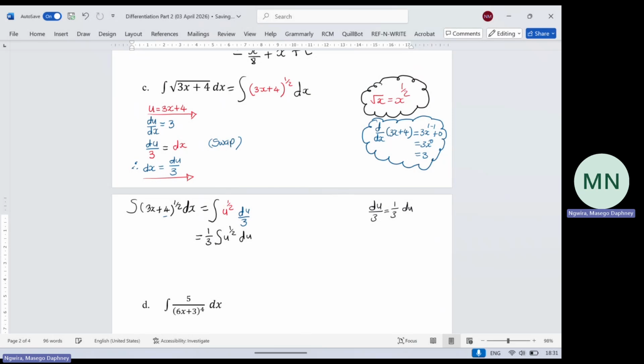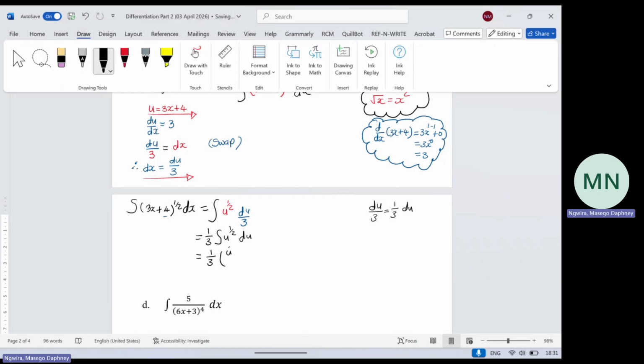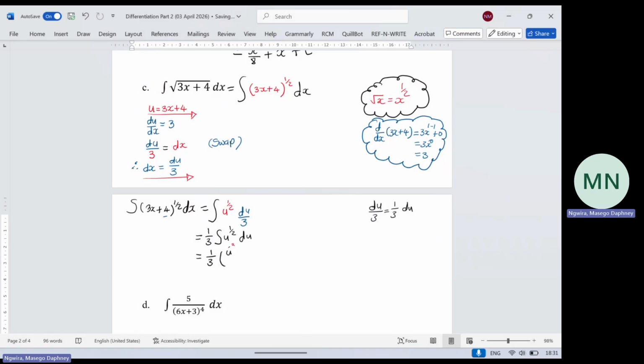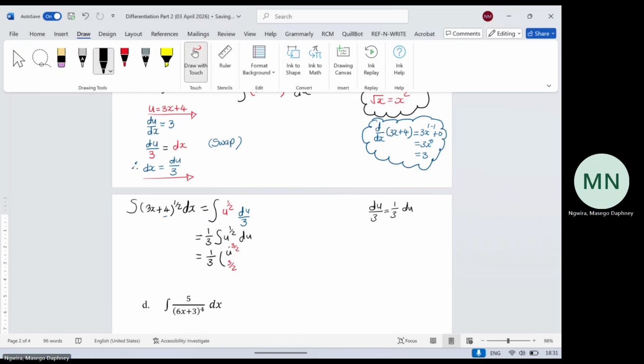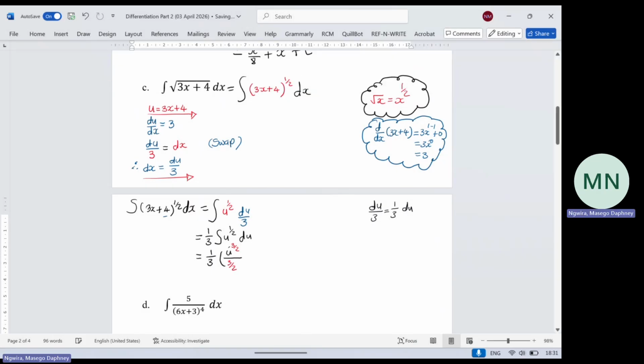So now we can integrate. This is the integral of u with respect to u. So when we integrate, this will be u to the power of 1 plus a half, which is 3 over 2. Remember we say plus 1. So it's u to the power of 3 over 2, then over 3 over 2. And then this is plus c. Don't forget.